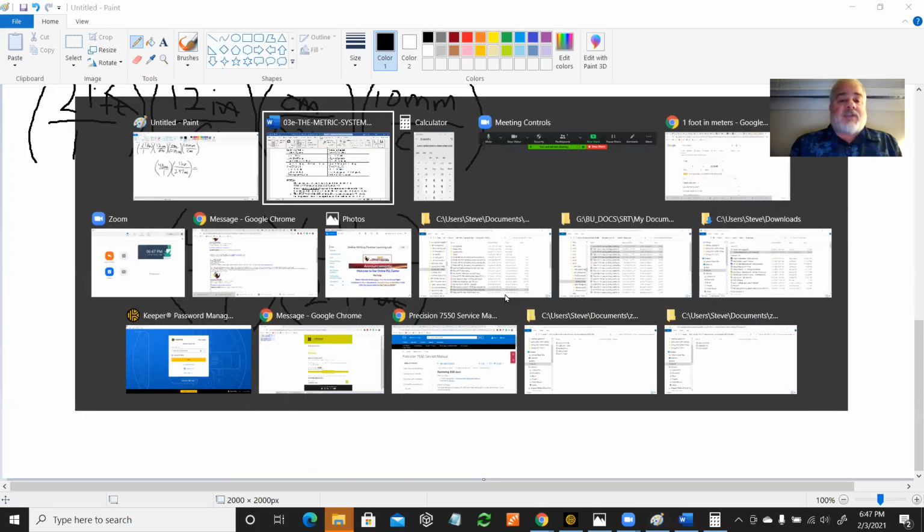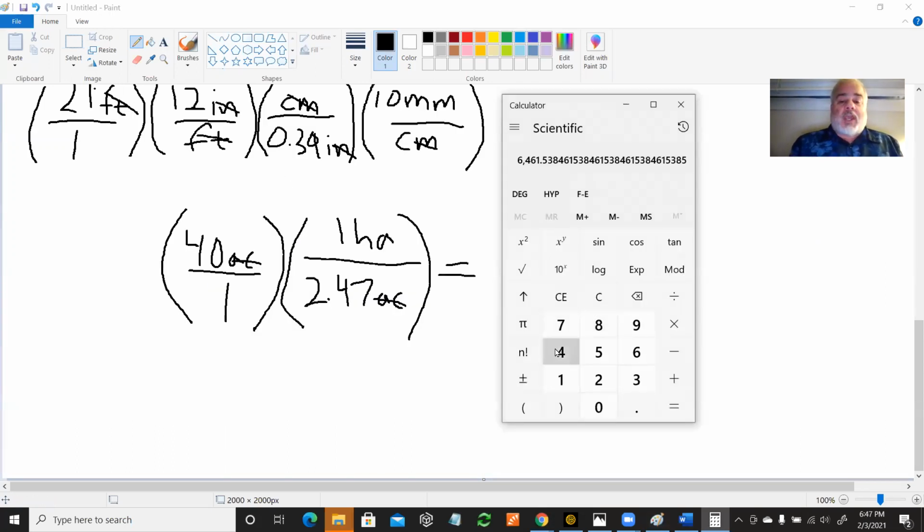And so what is the answer to this problem? 40 times 1, 40 divided by 2.47. It's in the bottom, so I divide. Equals, and the answer is 16 because I have only two significant figures, so the answer is 16.